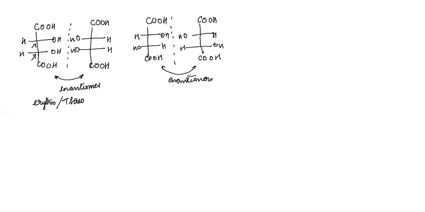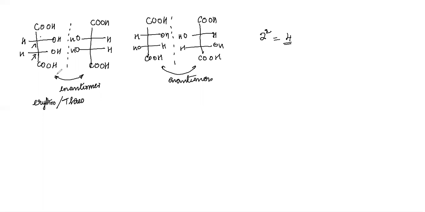Then you can see here there are two asymmetric carbons. This is one asymmetric carbon, this is another asymmetric carbon. So the formula is 2 power n, where n is the number of asymmetric carbons. So there are 4 possible structures. These two are enantiomers, these two are enantiomers.